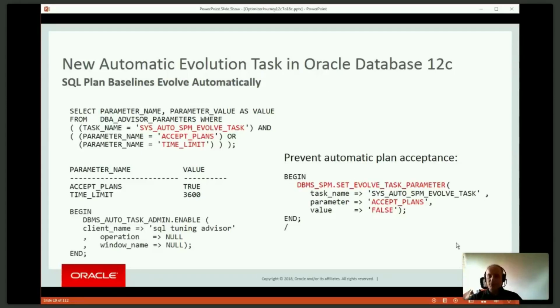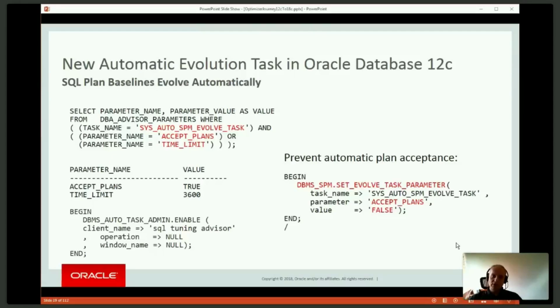That means that if you have new SQL execution plans over time, the evolve process will run on them, validate those plans, and figure out whether they're good plans or not, but it won't auto accept them. In that way, you can gain benefit from SQL Plan Management and see new plans, but they don't get accepted. That's under your full control.